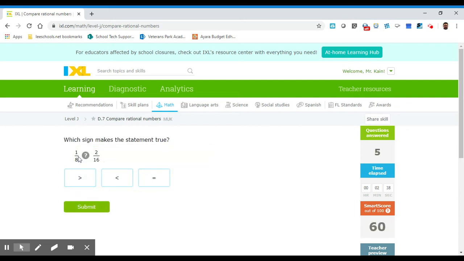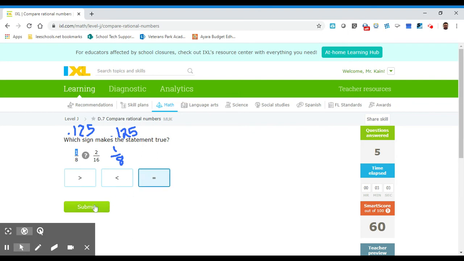All right, using your calculator, take 1 divided by 8. 1 divided by 8 is 0.125. Oh, I know what this is. If I simplify it by 2, it's 1/8, which is also the same thing, right? 0.125. These are equal, right? Like that.